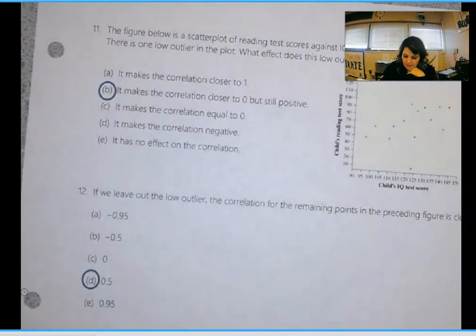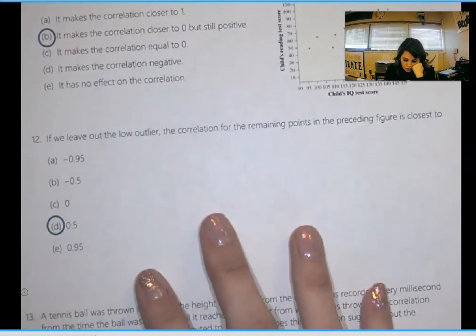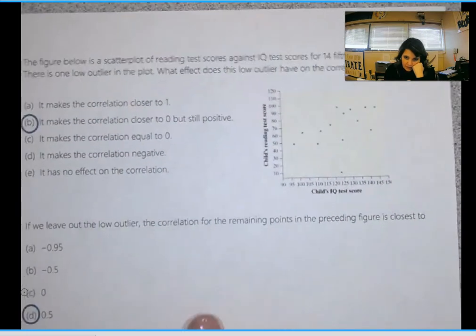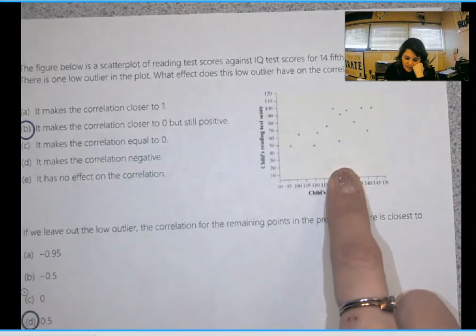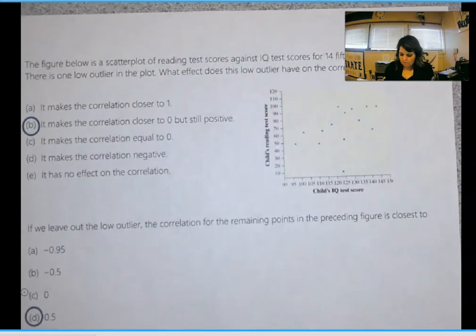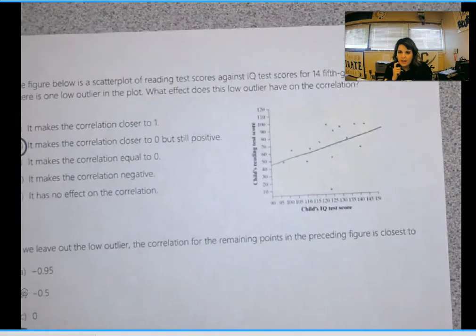Next up, 11 is beta. It's outside of the pattern. This next one was really hard for me. If we leave out the low outlier, the correlation would be closest to what? I think if you leave out that outlier, that relationship would be stronger than 0.5, because you can use a line to describe the relationship.